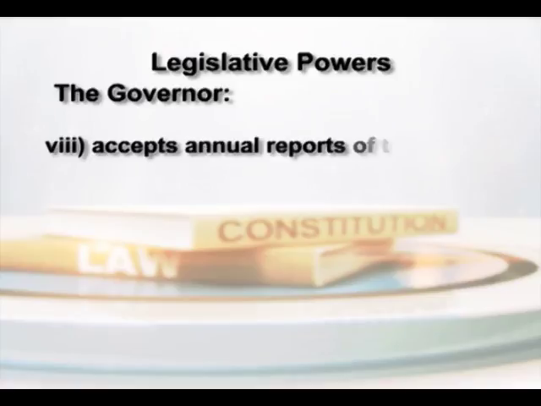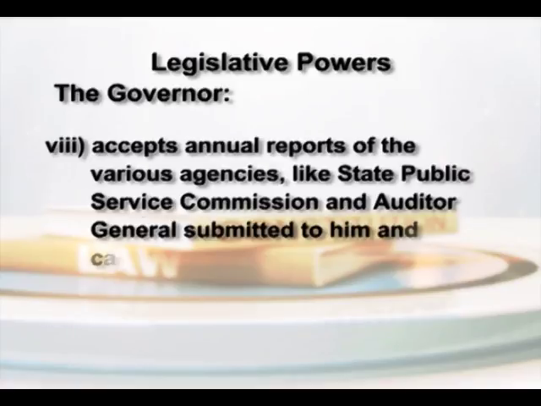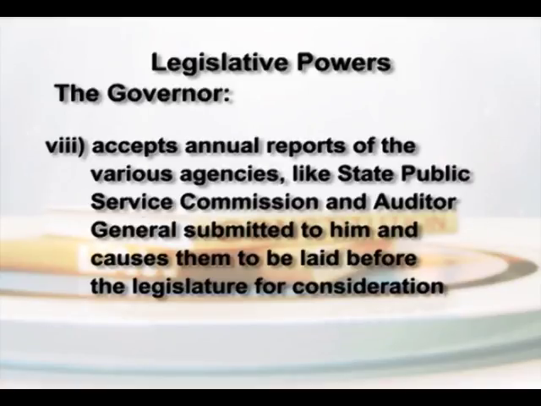Finally, the annual reports of the various agencies like State Public Service Commission and Auditor General are submitted to him, that he causes to be laid before the legislature for consideration. So it is because of him that these important documents or reports of the various agencies are laid before the state legislature for consideration.